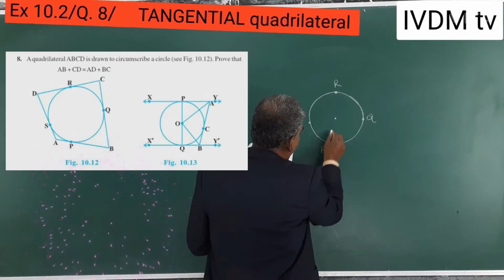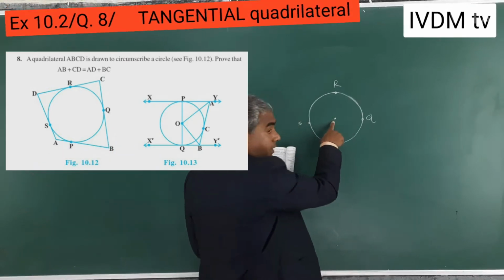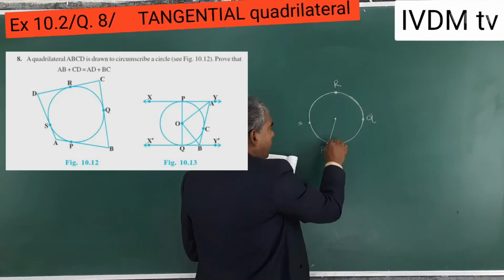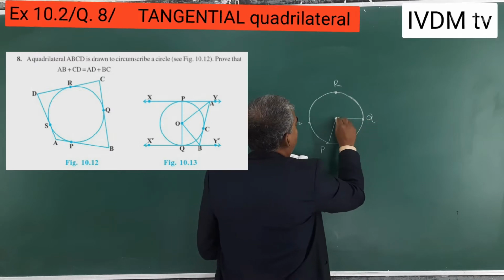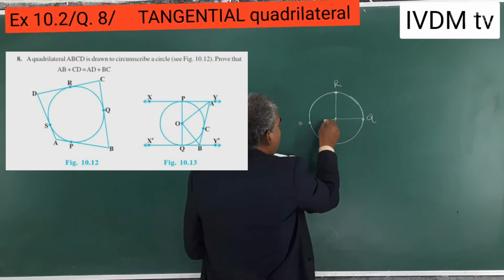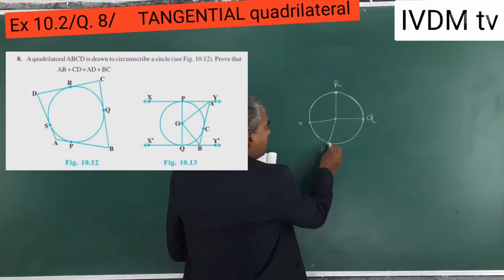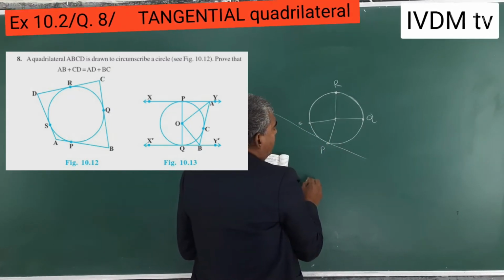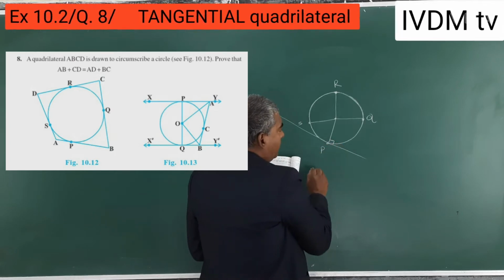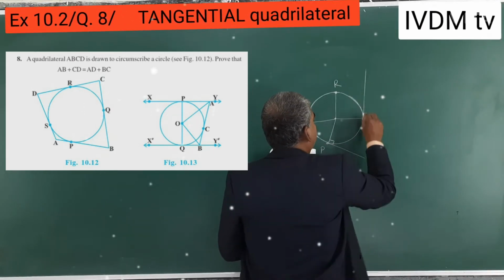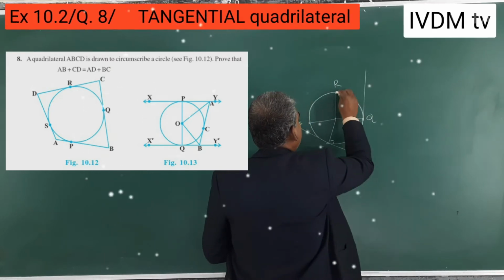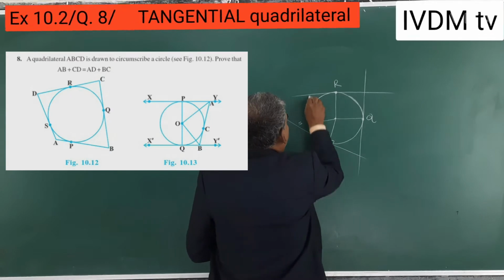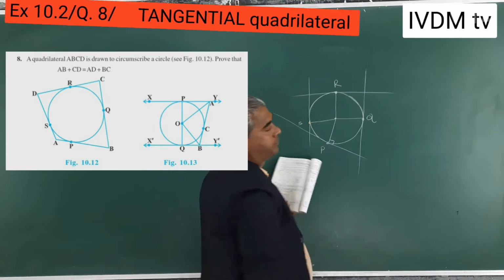At P, it is not given where the circle's center is, but I'm drawing now the radius, all the 4 radii, no diameters, no angle, general. So if you make a tangent here, this is 90 degrees.